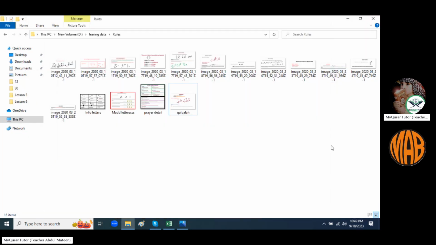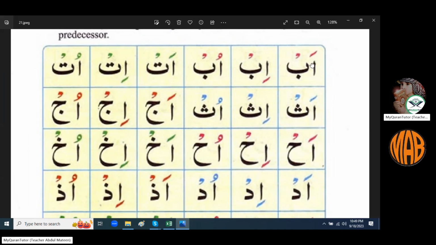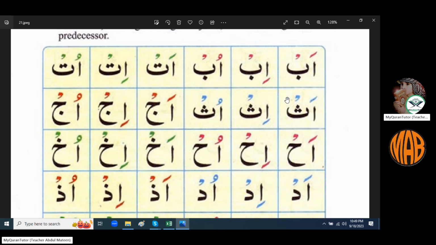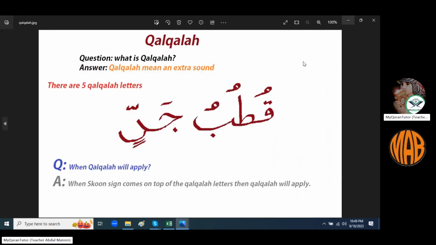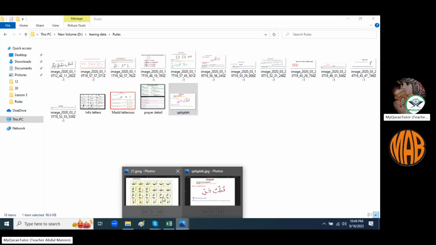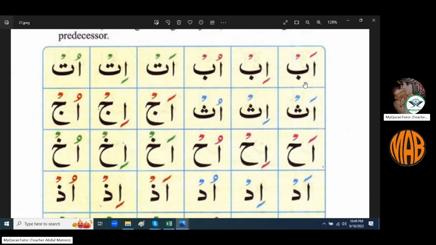Now I am going to explain about the sound, because I need to open this page first. As I told you, qutubu jaddin: qaf, ta, ba, jim, dal. As you can see, ba is a qalqala letter, right?